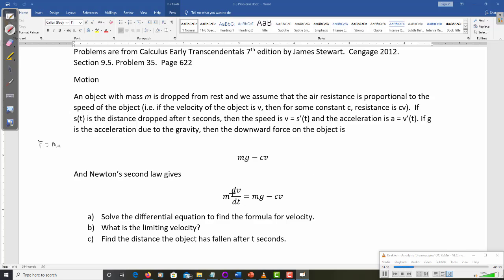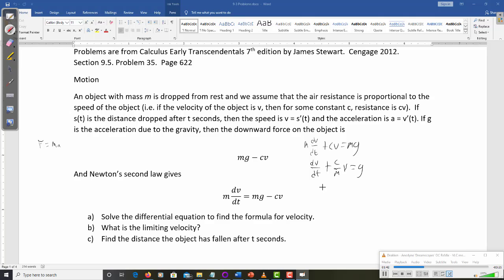We have a linear equation because we have a derivative of v and we have a v term. If we put it in linear form, m dv/dt plus cv equals mg. Divide out the m: dv/dt plus c over m v equals g. Those are both constants because the mass isn't changing.